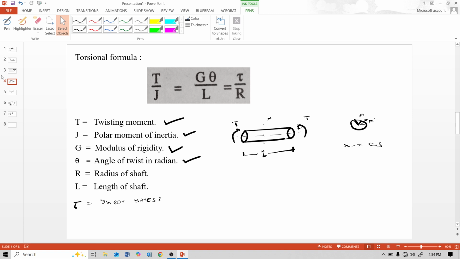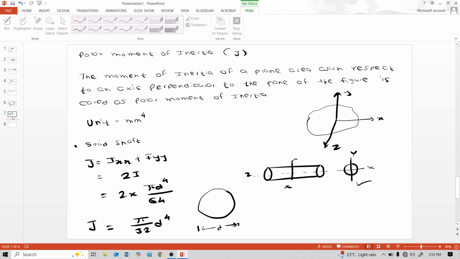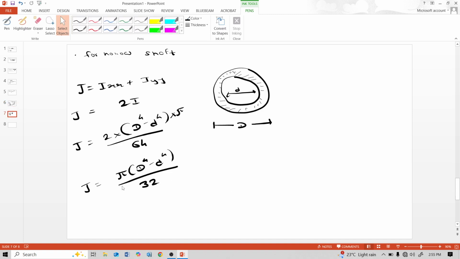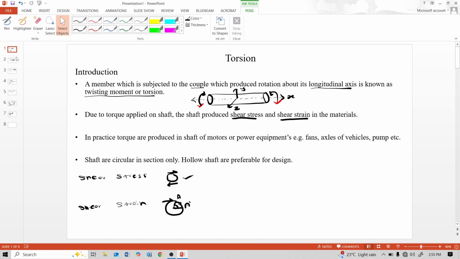Torsional formula: capital T upon J is equal to G theta upon L is equal to tau upon R. T is twisting moment, J is polar moment of inertia, G is modulus of rigidity, theta is angle of twist in radian, R is radius of shaft, L is length of shaft, and tau is shear stress. So this is the introduction to the torsion chapter, third chapter of the strength of materials subject. Thank you very much.